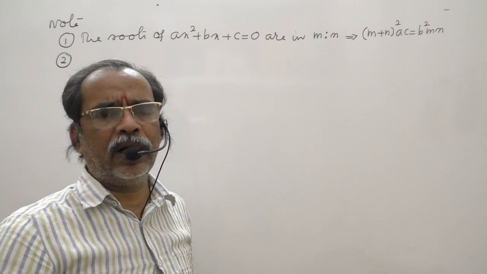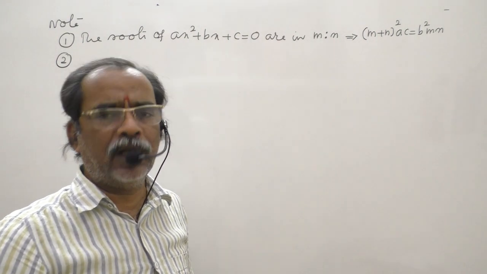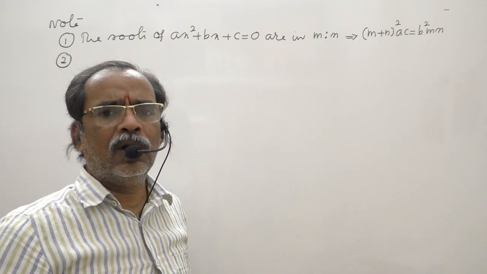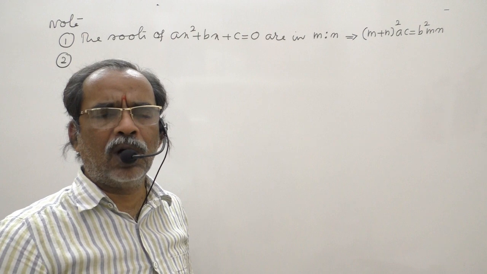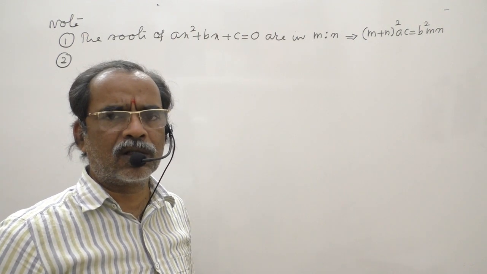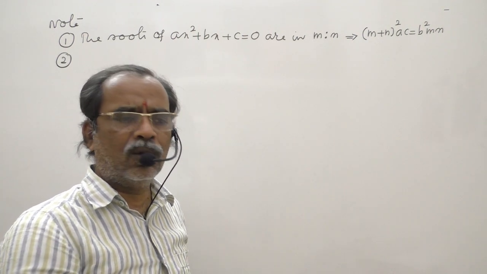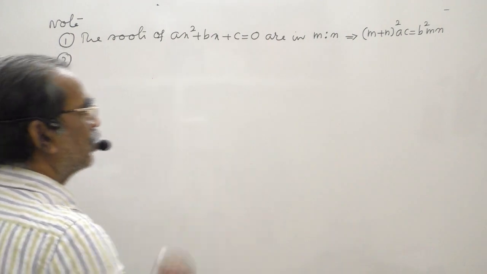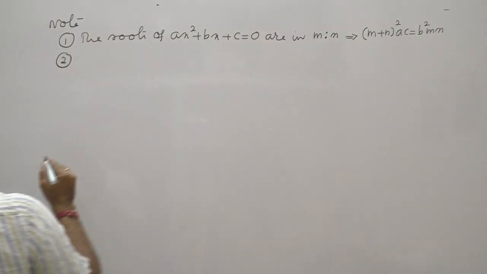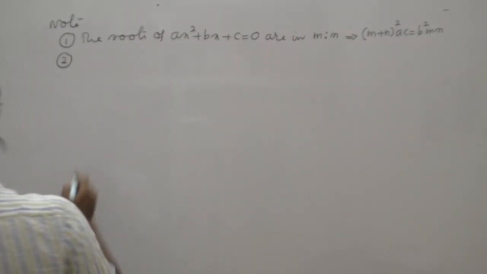What I did, I take roots as m alpha, n alpha. If one root is square of the other, then you should take one root alpha and other root alpha square. Write sum of the roots, product of the roots, eliminate the parameter. So you do those. I will write only formulas here.